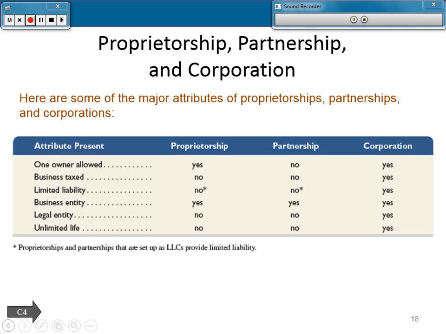Yes, it's taxed on 2 levels, both personal and corporate. Corporate tax, double tax. It is limited liability because the corporation is liable, not the individual who owns the corporation. Business entity, yes. Legal entity, yes. Unlimited life, yes. Because if any of those owners of the corporation die, the corporation will continue to operate.